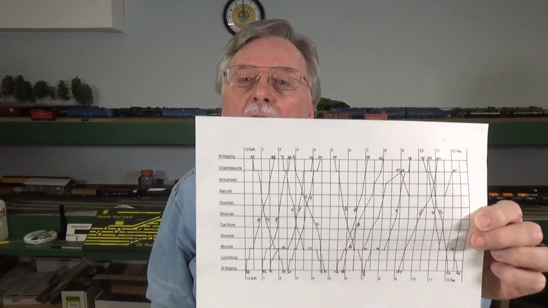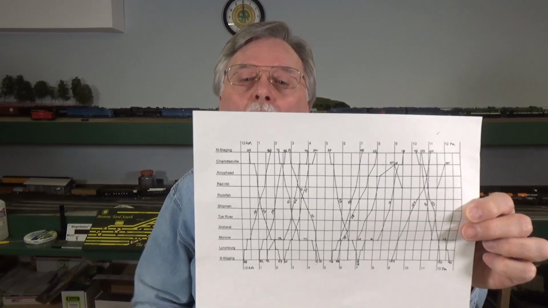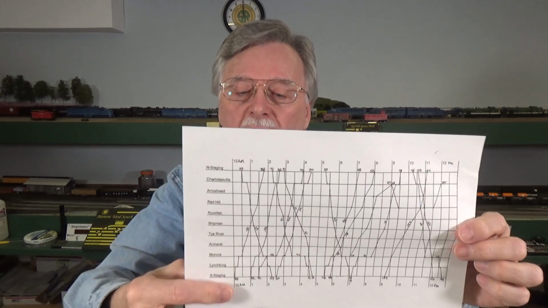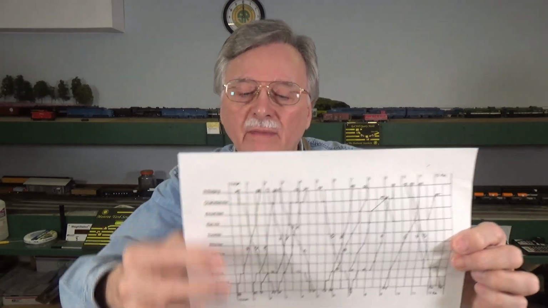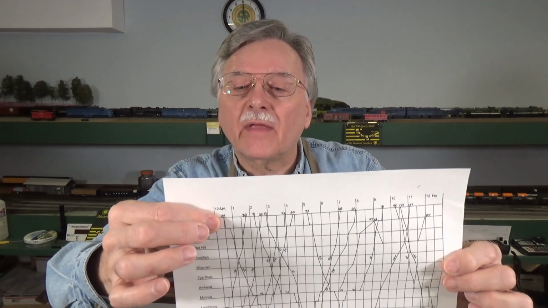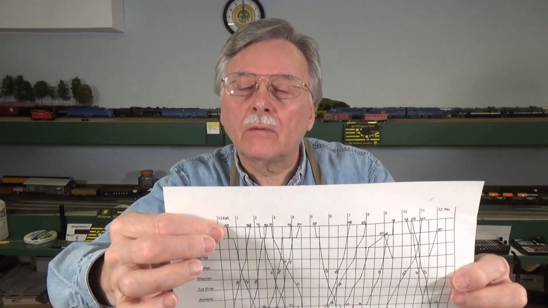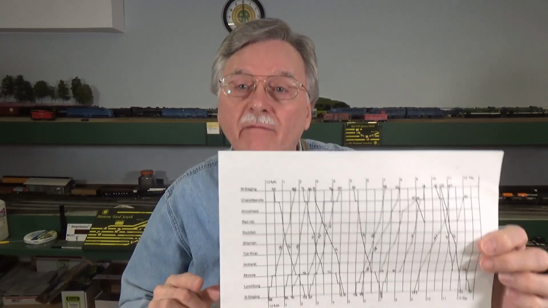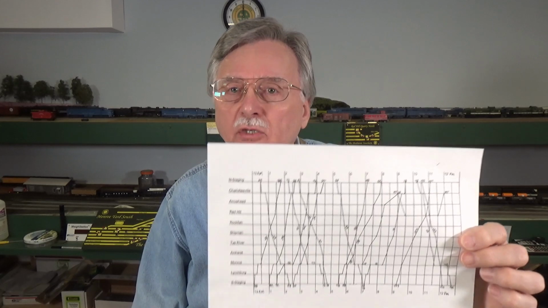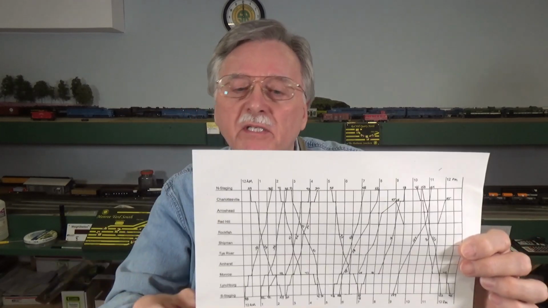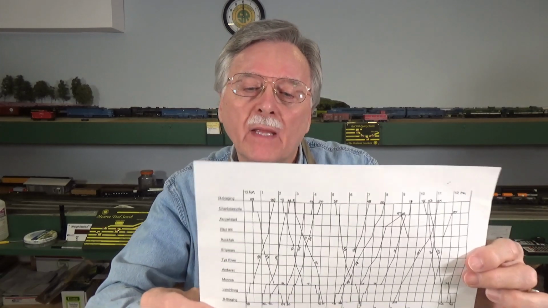Now, one thing about train numbers on the Southern Railway, odd number trains were southbound, even number trains were northbound. And that was true. North and eastbound were even, south and westbound were odd numbers, okay? So right off, your employees have a way of knowing which direction they should be going. Okay? Now, that also helps the dispatchers keep track of trains as well.